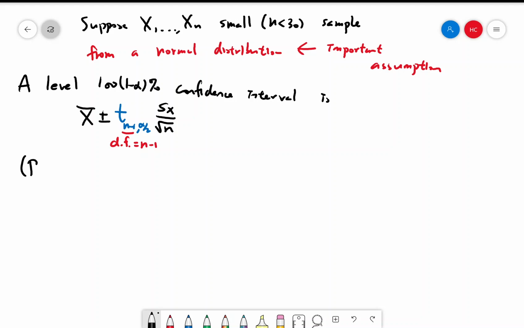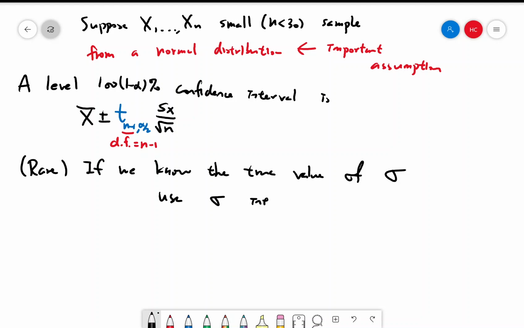But in a rare case, sometimes, for some reason, you know the true value of the standard deviation, sigma. If we know the true value of sigma, then we use sigma instead of the sample standard deviation, and we use the value of z instead of the value of t.